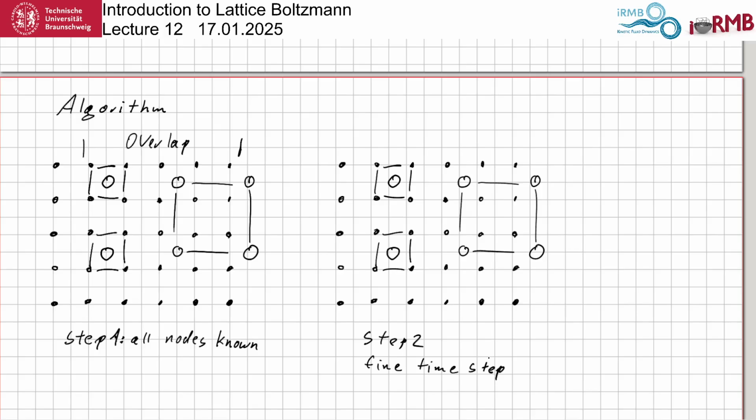The algorithm does only a fine time step on the fine grid. When we do a time step on the fine grid, the nodes on the boundary of this fine domain don't have a neighbor. So once we do the streaming, these nodes are no longer valid.